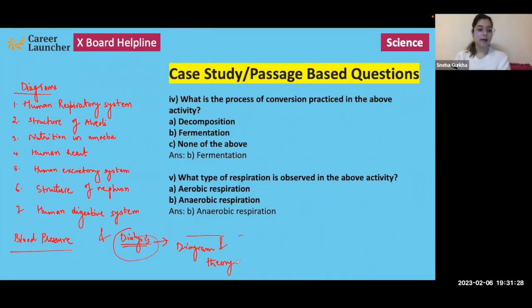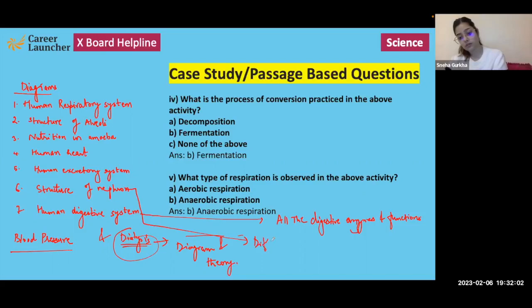Apart from that, if we break down these topics into the subtopics that questions can be asked on, then human digestive system, basically all the digestive enzymes and their functions, right? The different parts of nephron and their functions, right? The entire stepwise process of urine formation.